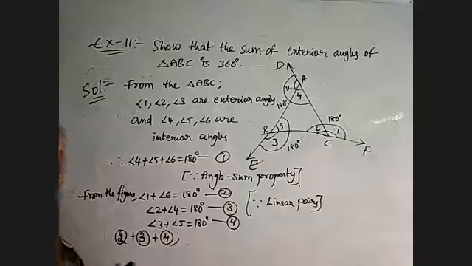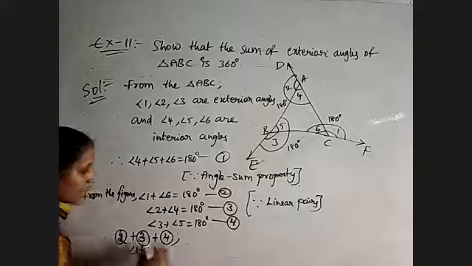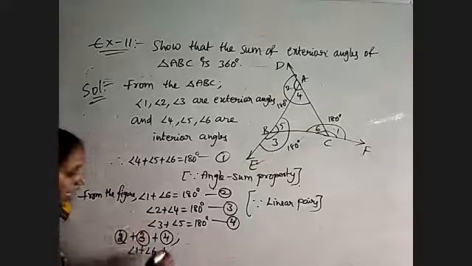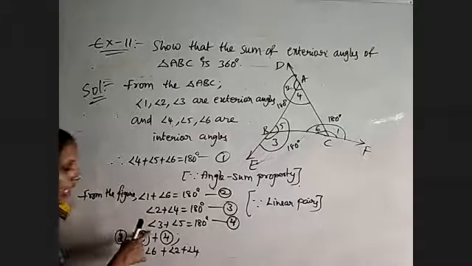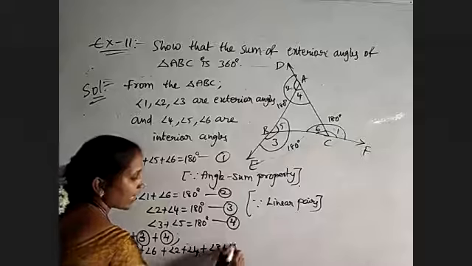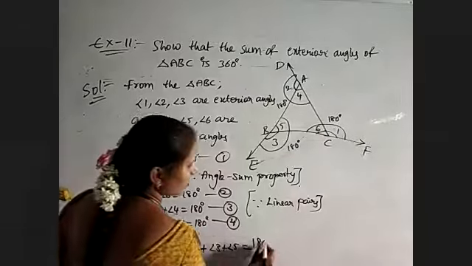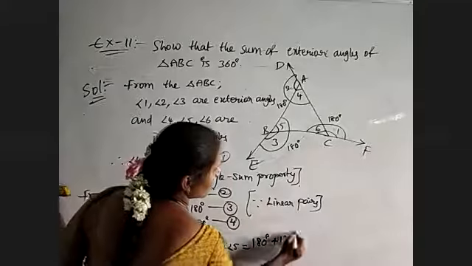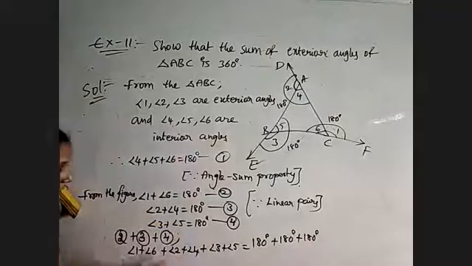By doing so, what are we getting? Angle 1 plus angle 6 is the left side of the second equation. Angle 2 plus angle 4 is the left side of equation 3. The left side of equation 4 is angle 3 plus angle 5. And on the right side we have 180 plus 180 plus 180. So simplify that and rearrange the angles here.